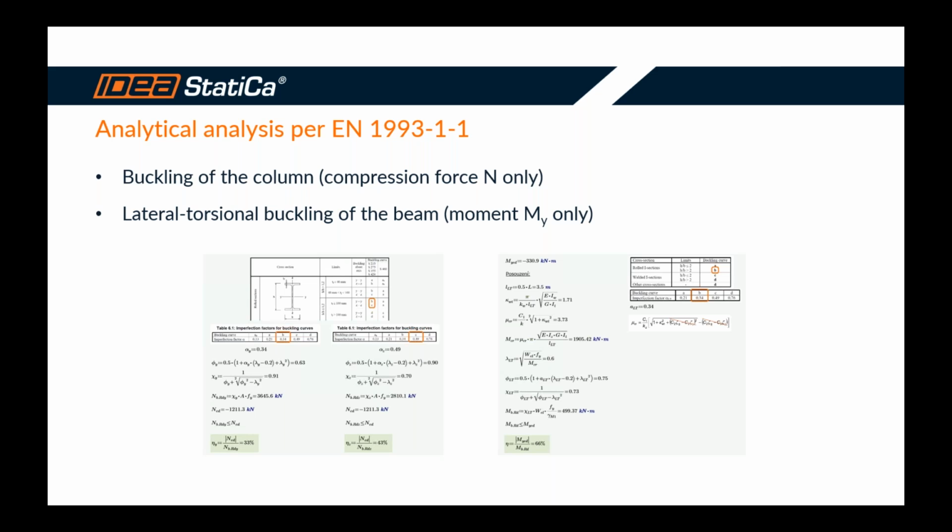For buckling, both of them are quite easy. The buckling of the column is pure compression, so quite a simple procedure. For the beam, it's pure lateral torsional buckling from the bending moment only, so also quite a simplified procedure to follow. I will show you all these equations in the handed out paper.